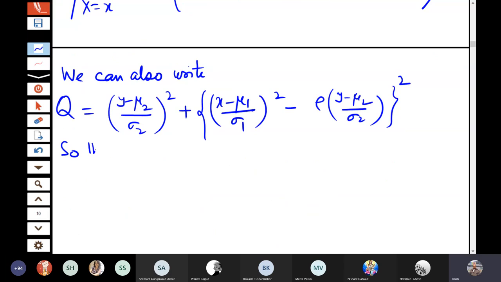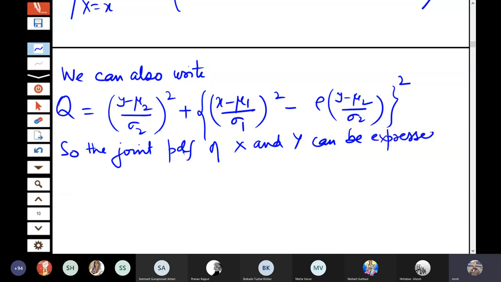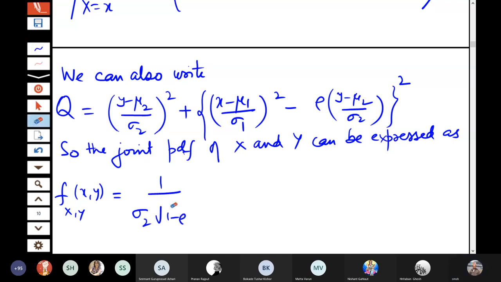So the joint PDF of x and y can be expressed as f x y as 1 by sigma 2 root 1 minus rho square root 2 pi e to the power minus y minus mu 2 by sigma 2 square 1 by 2, and the remaining term will come for this part.